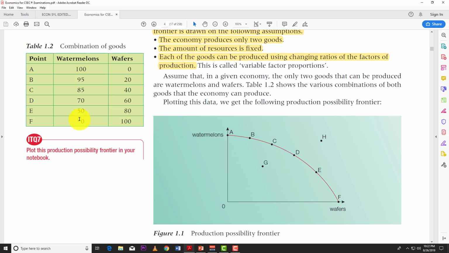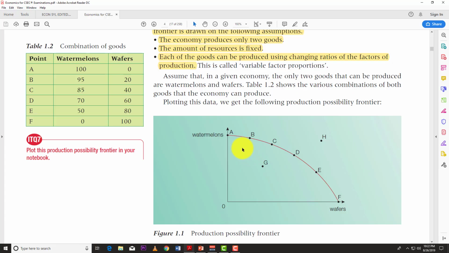So this is the easy part of the production possibility curve. All these points, A, B, C, D, E, F, are what you call efficient points. These are the points of efficiency.